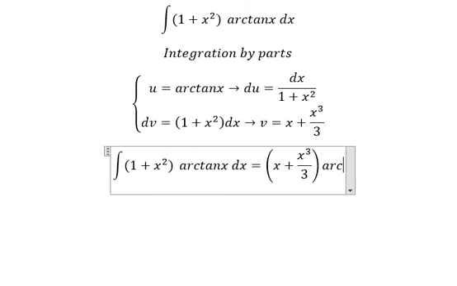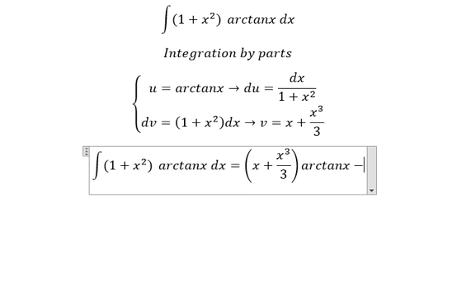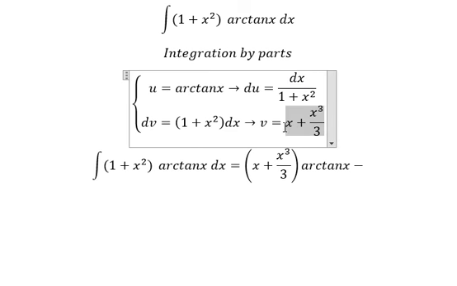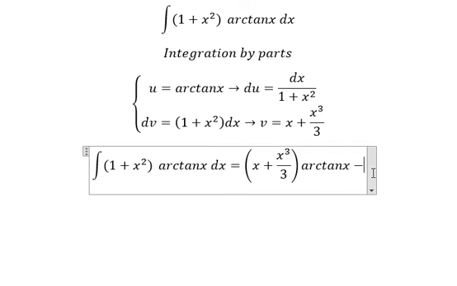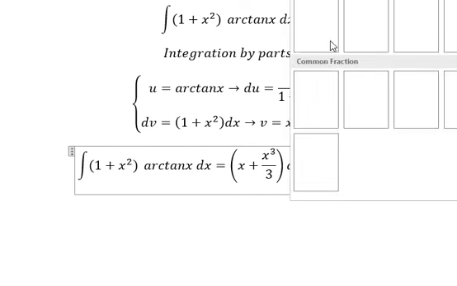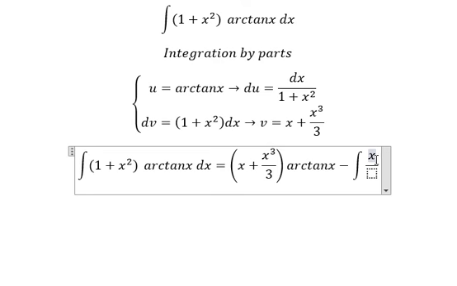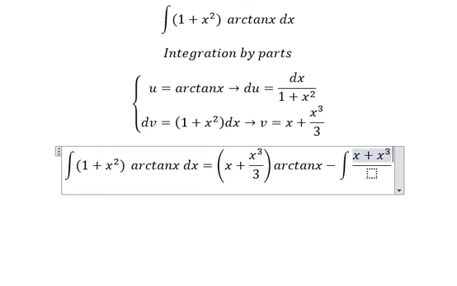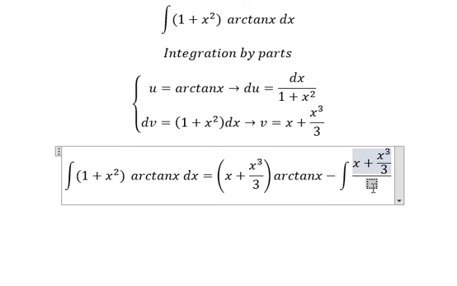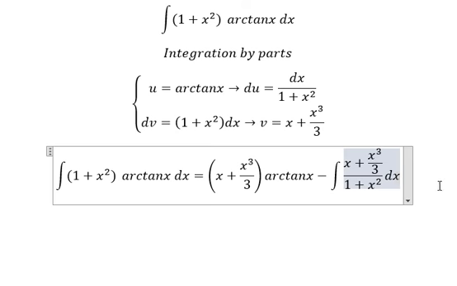And we have arctan of s minus the integral of v multiplied by du. So we have this one multiplied by this one. So we have the integration of s plus s to the power of 3 over 3 over 1 plus s squared ds.